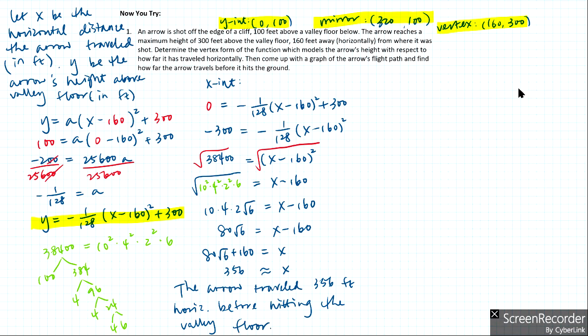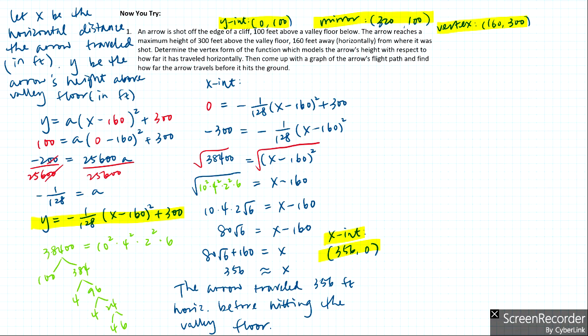And that also tells us we can have the x-intercept given, which is (356, 0). And that's the approximated value, but that's going to be more helpful for us to graph it.